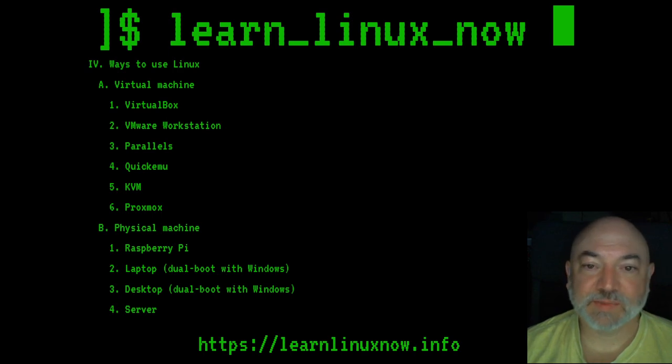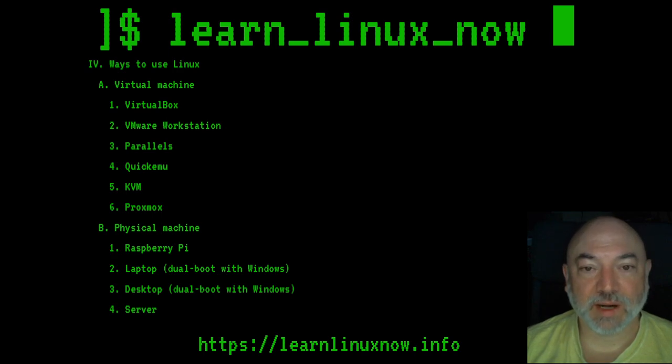And then a Raspberry Pi seems to be popular these days. Unfortunately, at the time of this recording, it's kind of difficult to find a Raspberry Pi, but that is a really good method of learning Linux. Have it running on the side as a server. I actually use Raspberry Pis as servers in my lab here at home.